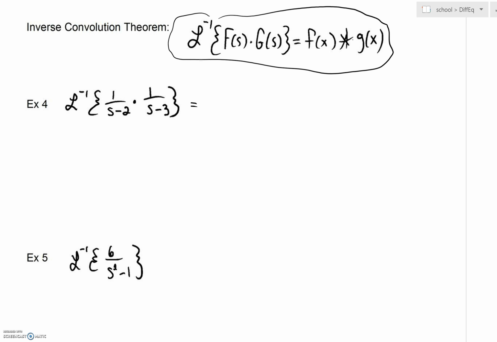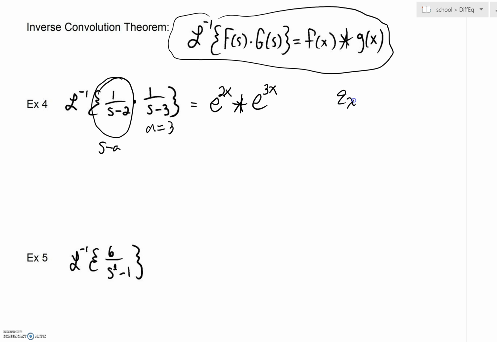Let's just for a moment realize that this inverse transform applied to 1 over s minus 2 is kind of like s minus a, where a is equal to 2. You'll have e to the 2x. That would be the convolution of e to the 2x with, where a would be 3, e to the 3x.